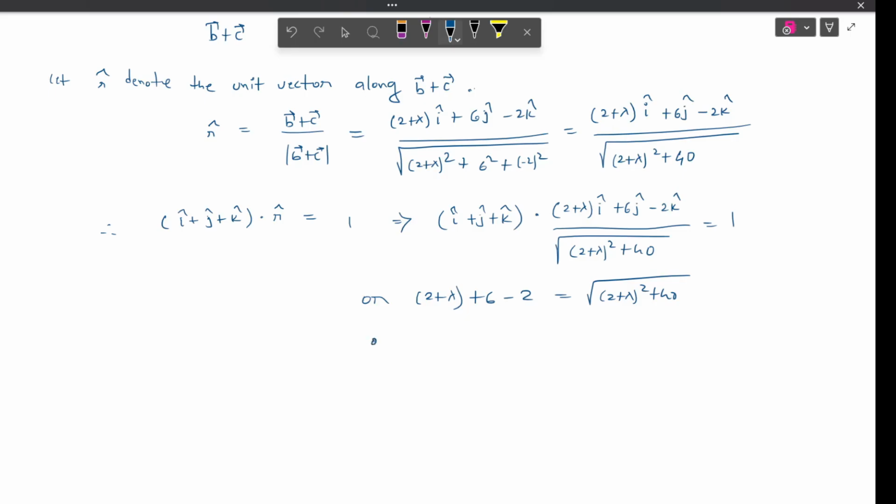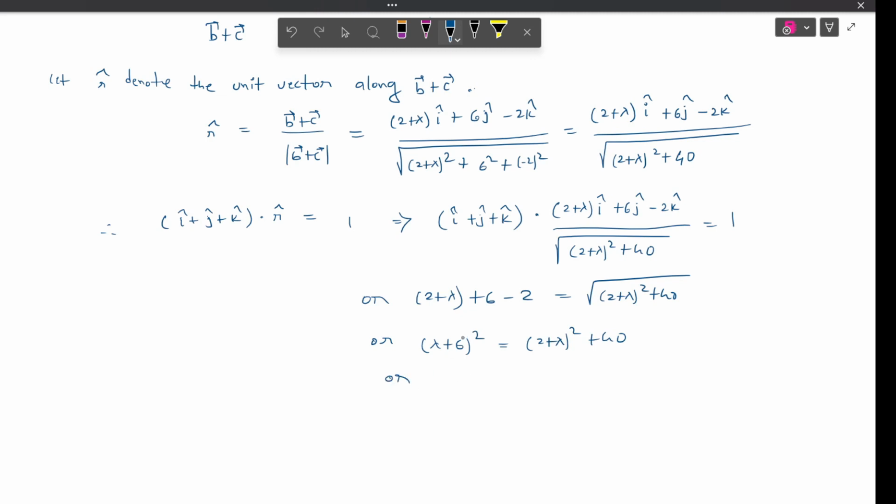Okay, so you can say this would be, 2 cancels out, lambda plus 6, and if we square both sides, it would be (lambda plus 6) square is (2 plus lambda) square plus 40.